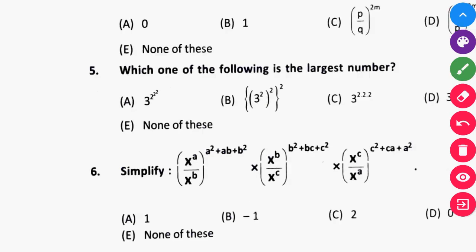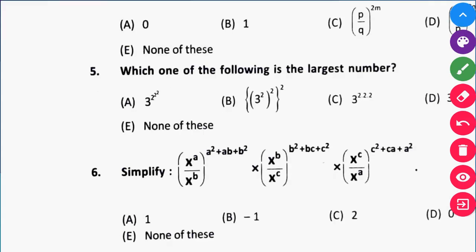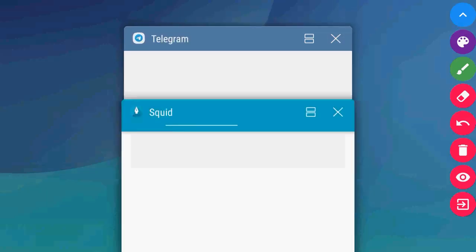Now how are we going to simplify it? We will use our board to solve this problem.